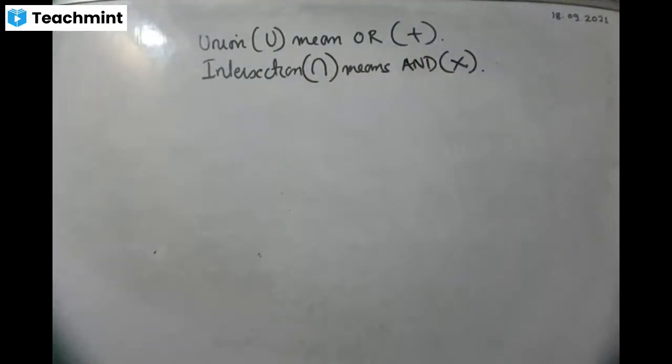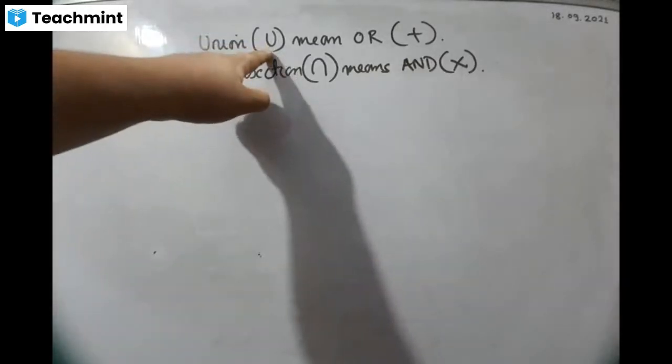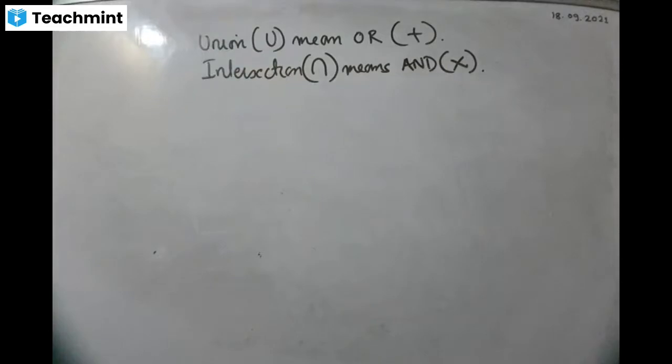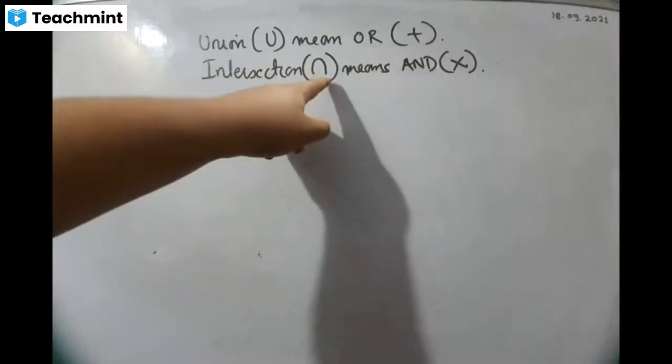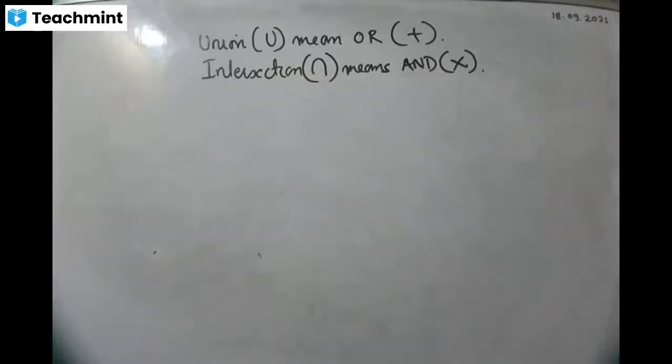So if they tell you to find the probability of A or probability of B, then it means union. Is that clear? If they tell you to find probability of A and B, that means probability of A intersection B. Is that clear?